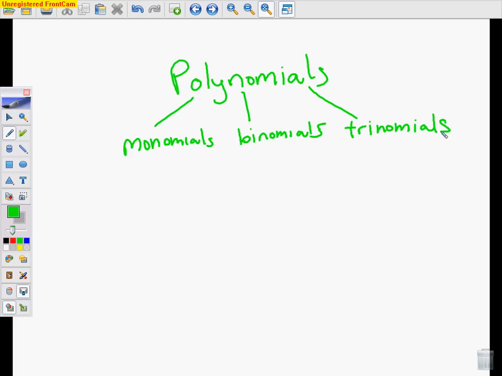Okay? They are all types of polynomials. However, specifically, a monomial has 1 term, binomials have 2 terms, trinomials have 3 terms, but they're all types of polynomials.